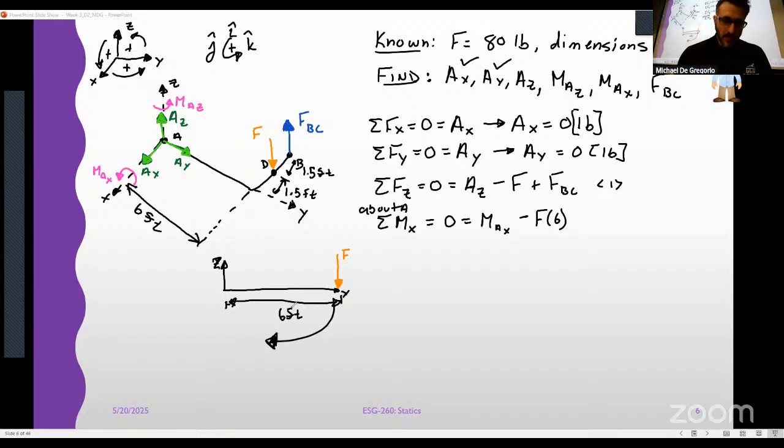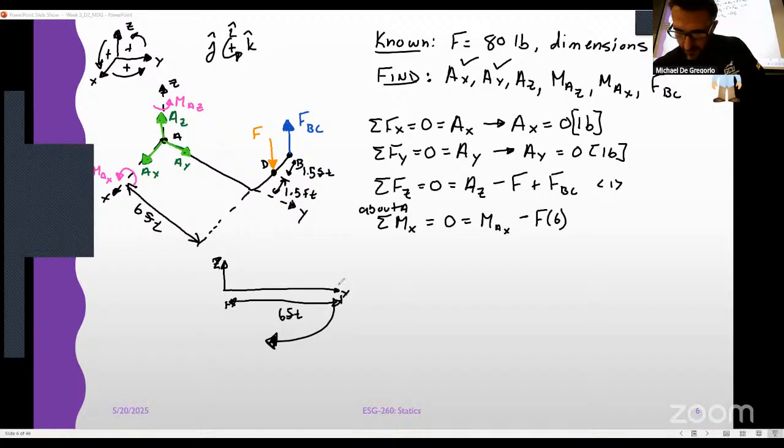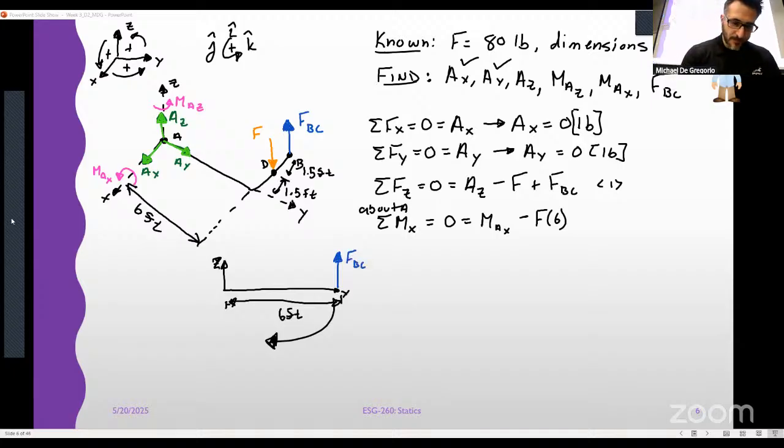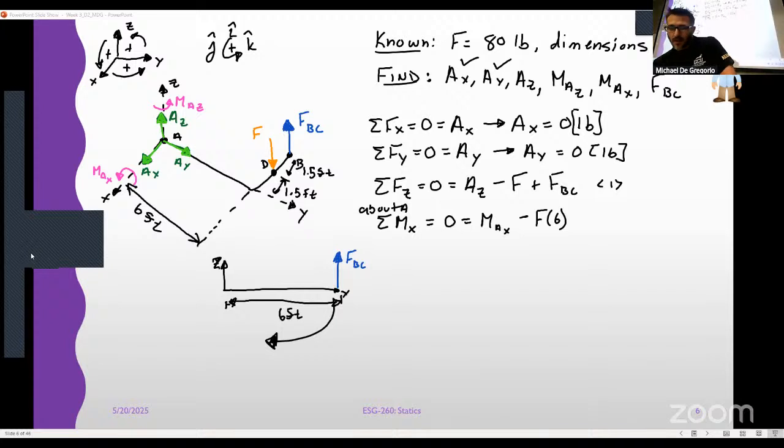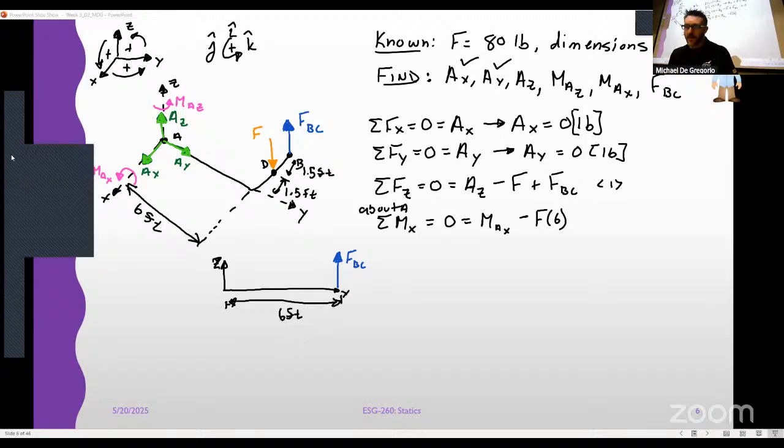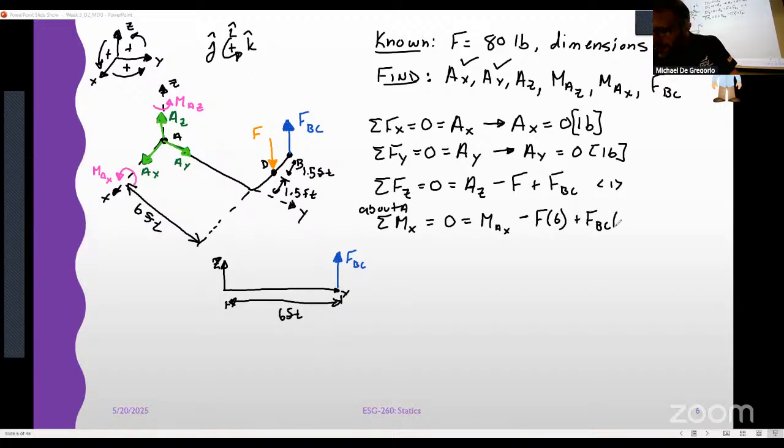Okay, we handled F. What about F_BC? What do you guys think? What is the moment that is contributed by F_BC about the x-axis? Exactly. Plus F_BC times 6.